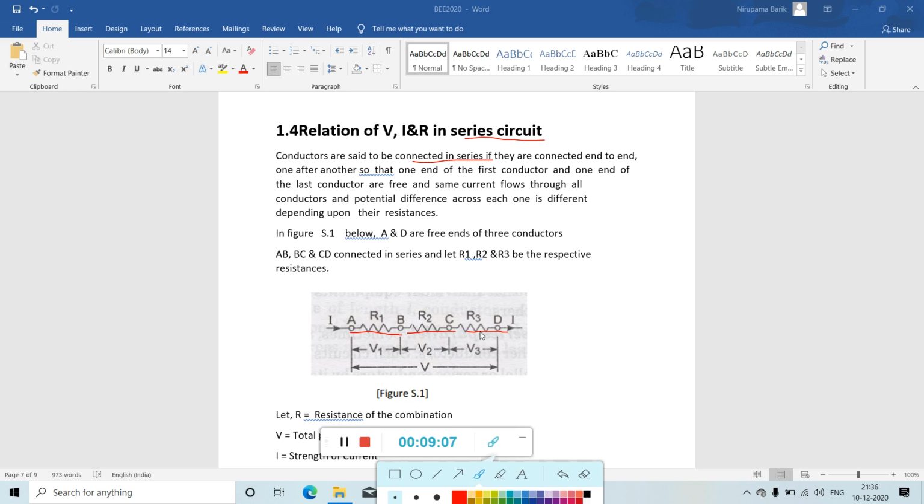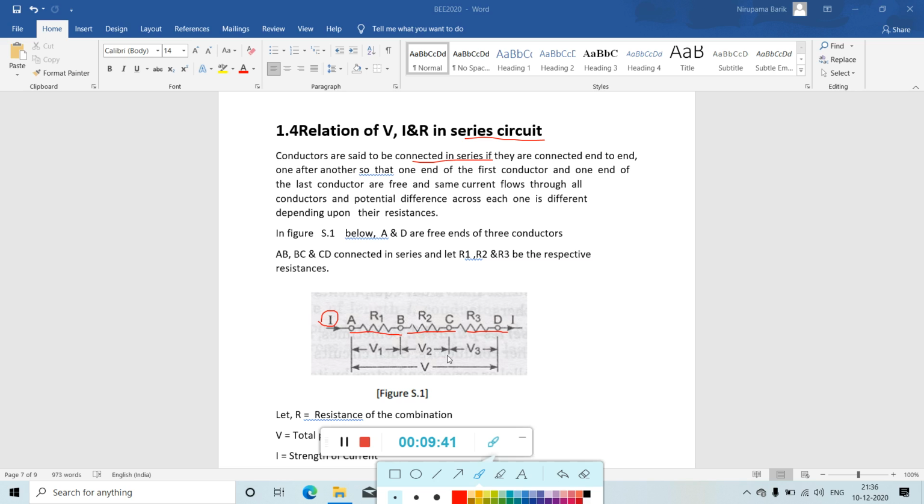The same current I flows through this series connected circuit, and the potential difference across each conductor is different, that is V1, V2, V3, and the resistances are R1, R2, R3. AB conductor has resistance R1, BC conductor has resistance R2, CD conductor has resistance R3.